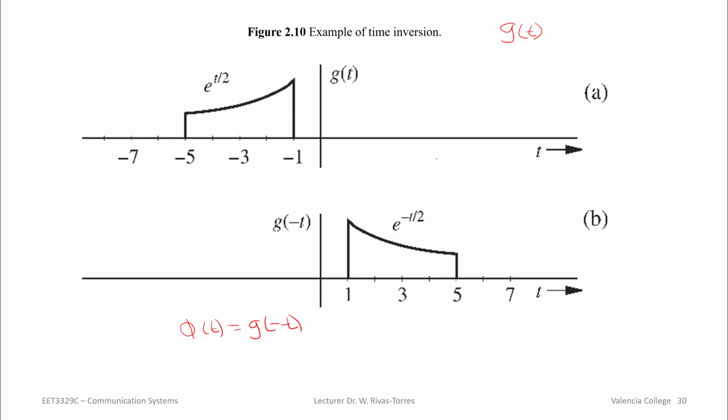Well, g of t is e to the t over 2. But now, in order to find phi of t, or the inverted signal, I'm going to take the e, and I'm going to make t negative. So that's e to the minus t over 2. And then when you draw it, you should get this shape. Okay?